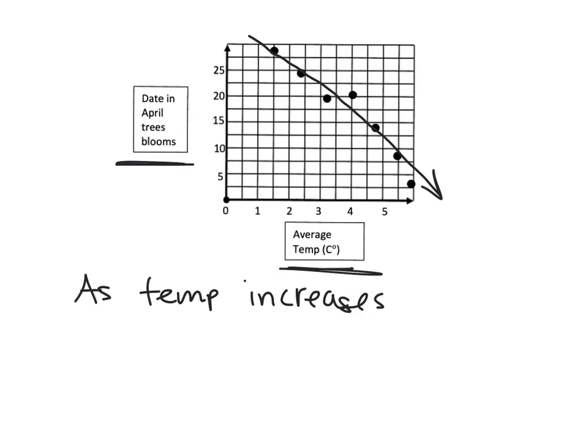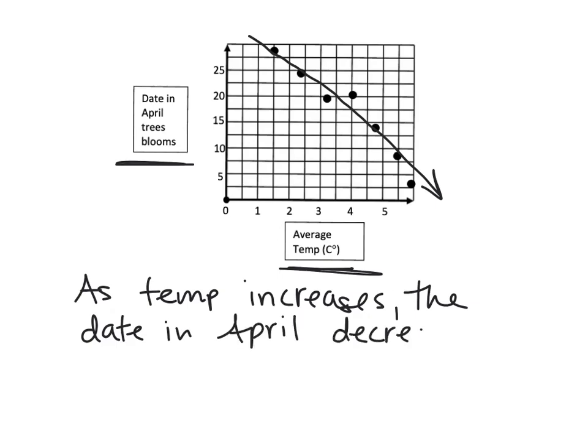So as the temperature increases, the date in April decreases. So the warmer it is, the sooner the trees will bloom. And I would say that the correlation coefficient of this would maybe be a negative 0.8 or 0.9. They're pretty close to a straight line.